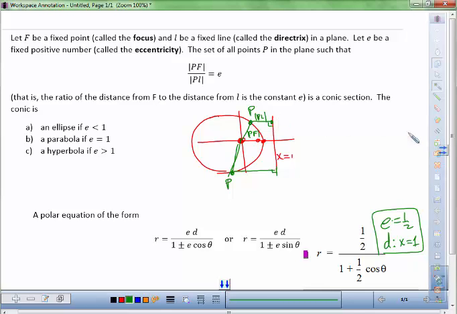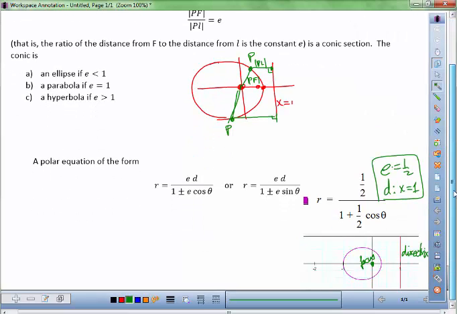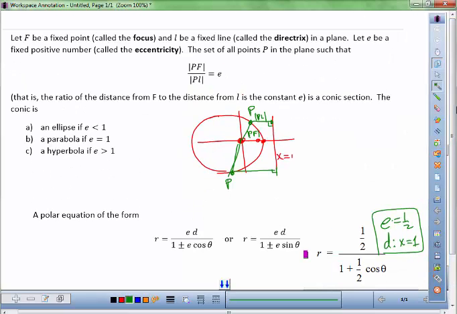So let's see if we can draw the path of the Earth around the sun using our eccentricity. We need to know a couple more things, though, based on this information. It would be nice to know where it crosses the x-axis, right?